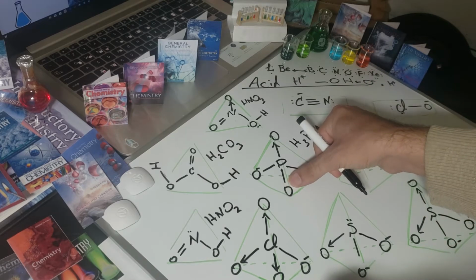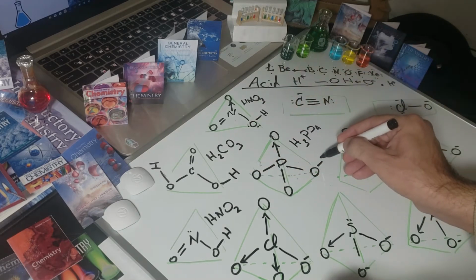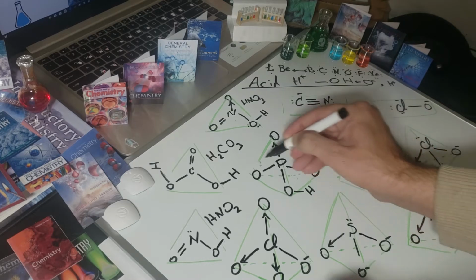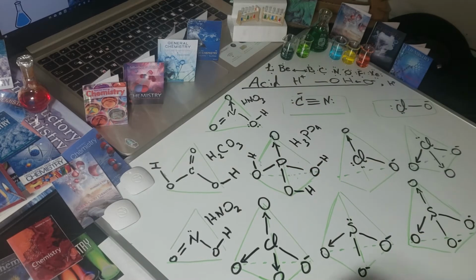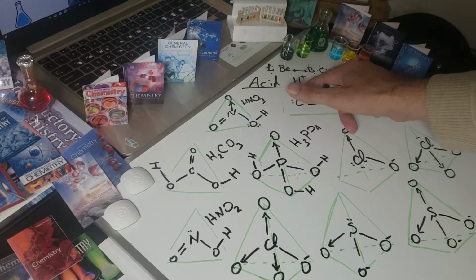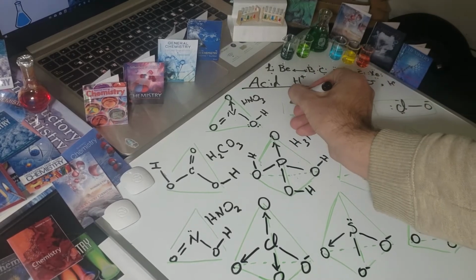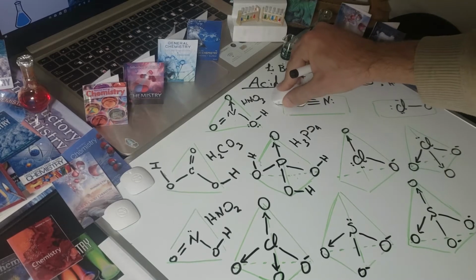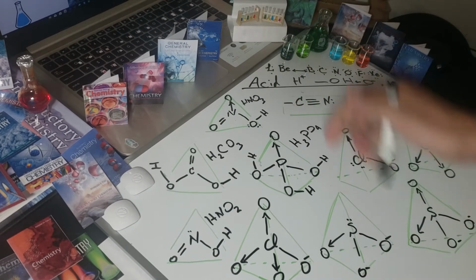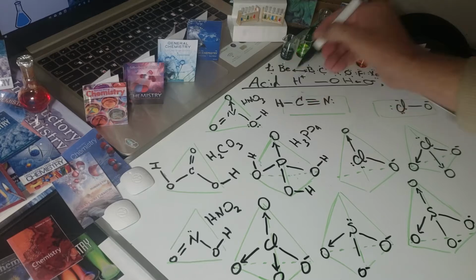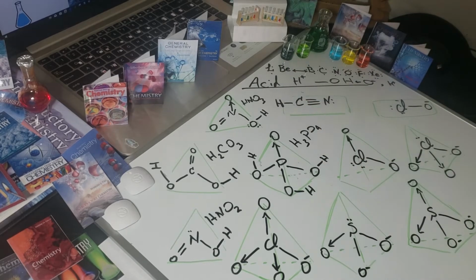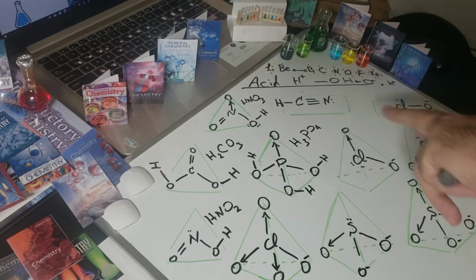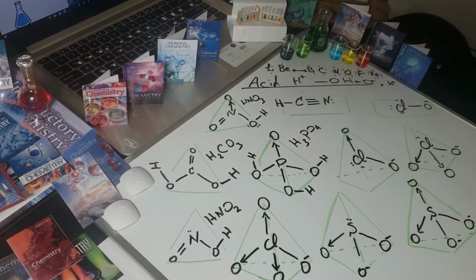The three negative charges are each going to join a proton to make phosphoric acid, which is neutral, obviously. For the CN, I'm going to add a hydrogen to the negative carbon, making it hydrocyanic acid, HCN. Cyanide is the CN minus anion, which is the conjugate base of the acid, HCN.